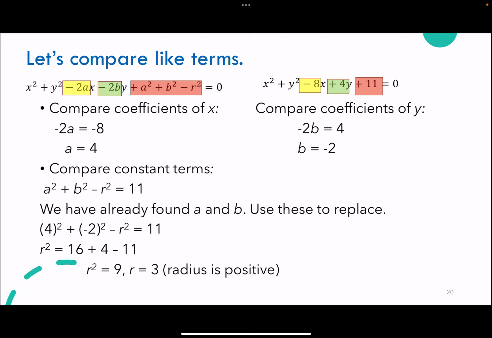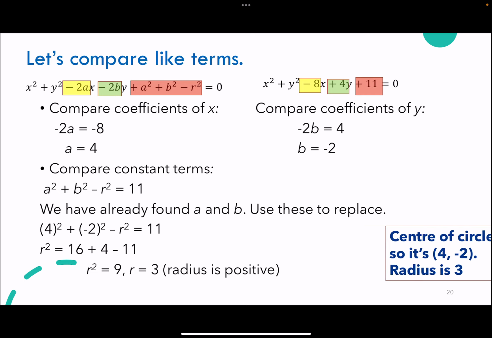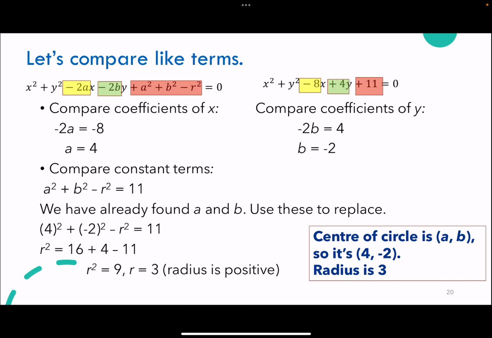So we're going to have 16 plus 4 minus 11, which gives us 9, but that is for r squared. If you want to find r, which is the length of the radius, we will have to take a square root, so that's how we get 3. Now, putting it all together, the center of a circle is always given as a coordinate (a, b). Since we have a as 4 and b as negative 2, that's exactly the center already. So the radius is just 3 units.